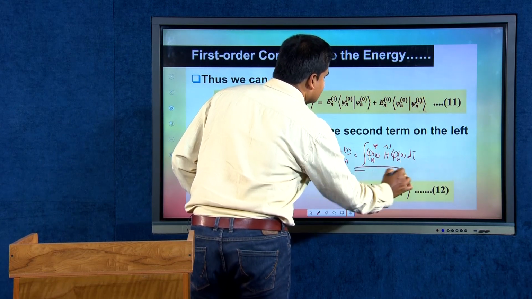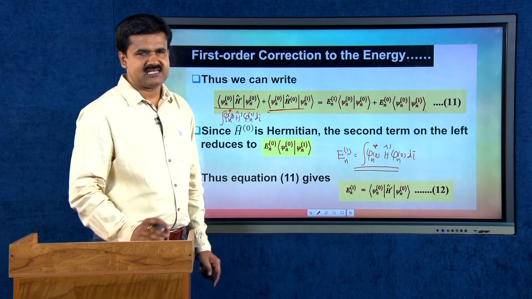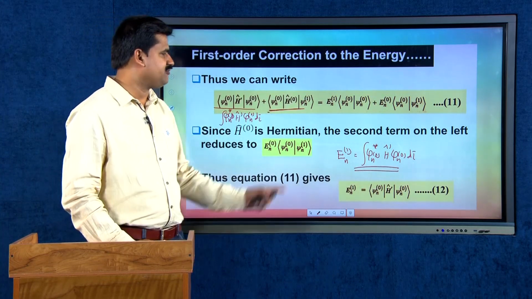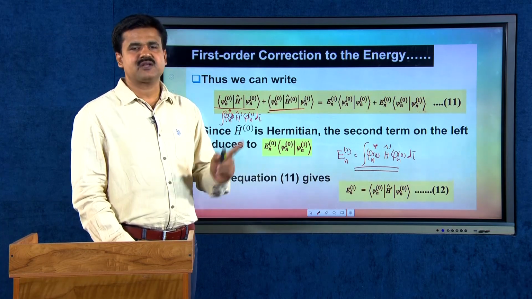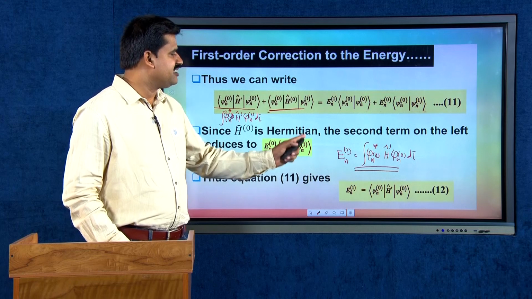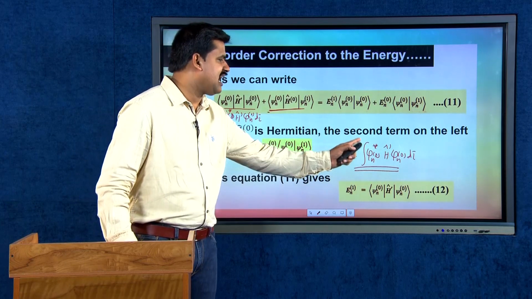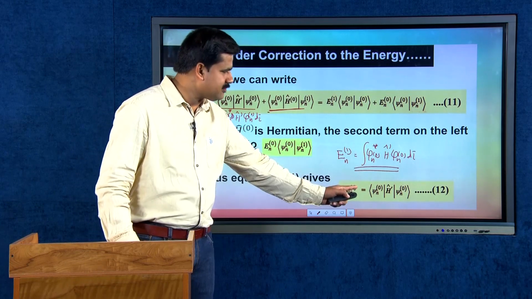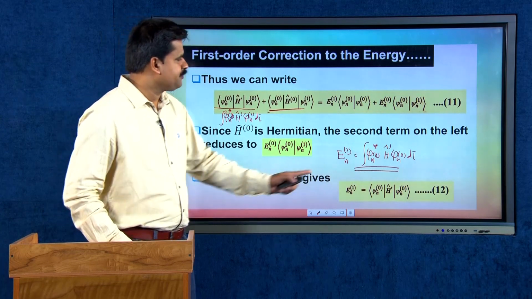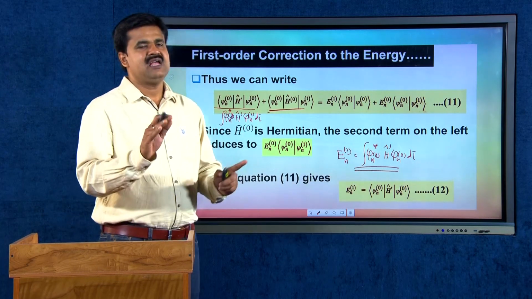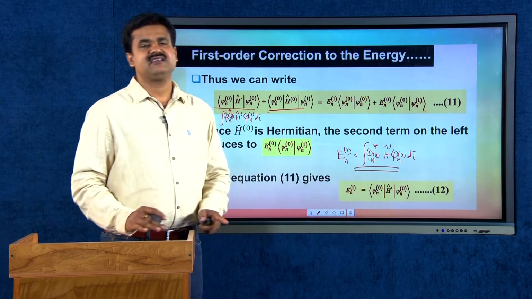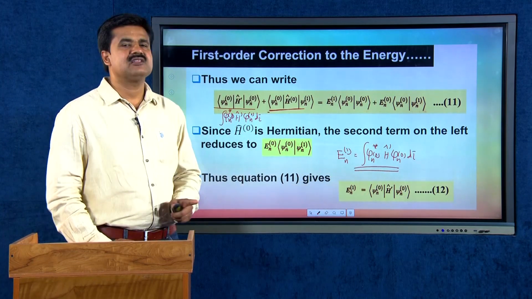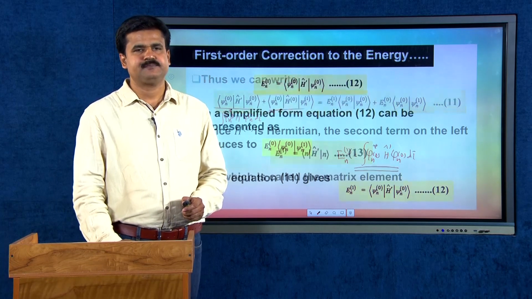This is the first order correction to energy, the energy got after first order perturbation. This is a very, very important result. We can represent it either by this integral or by using the bracket representation. This is also equation number 12, and here I am using the integral notation, here I am using the bracket notation. This is the first order correction to energy.